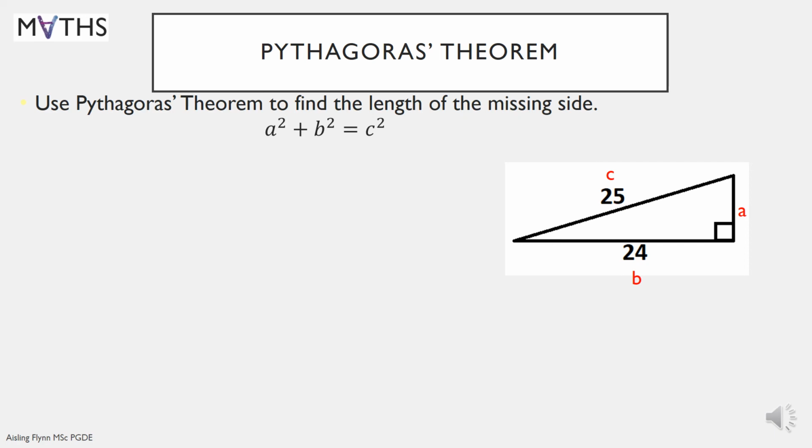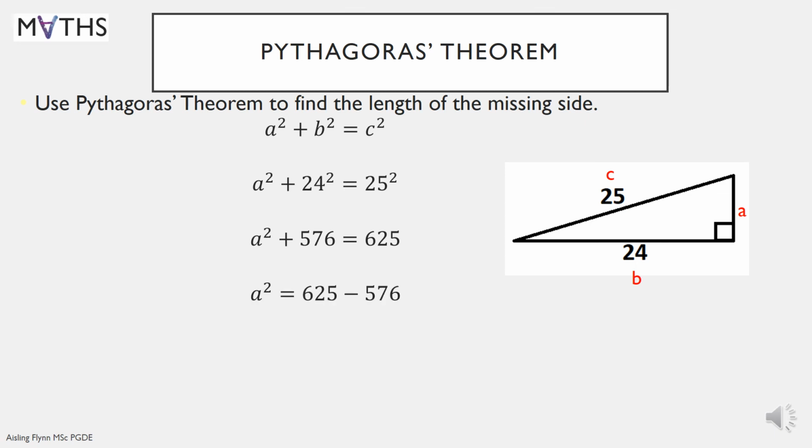So let's substitute. A we don't know, A squared plus 24 squared, substituting for B, equals 25 squared, substituting for C. The next step is to square those numbers. So use your calculator. And now we're going to solve for A. Taking 576 from both sides will give you the result here.